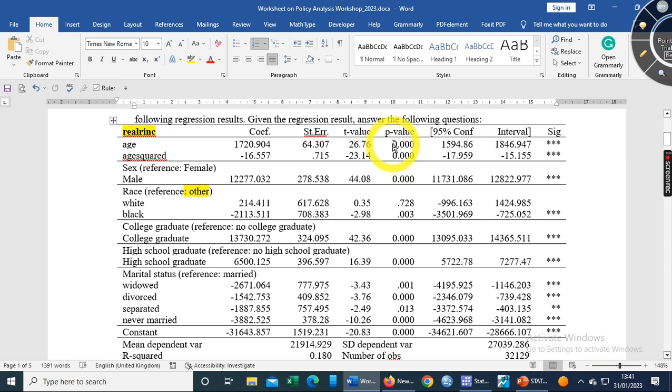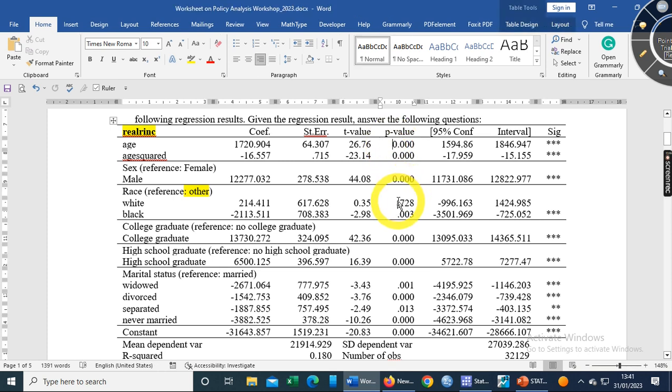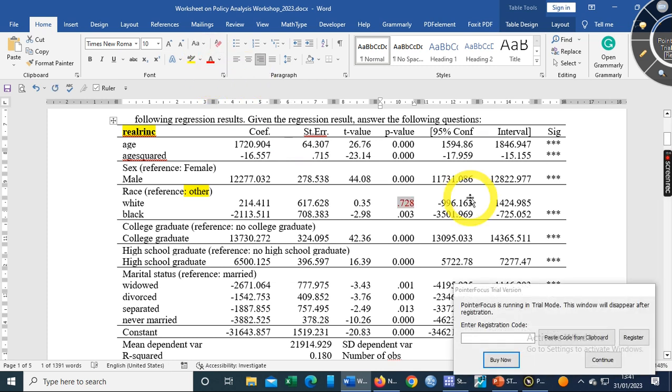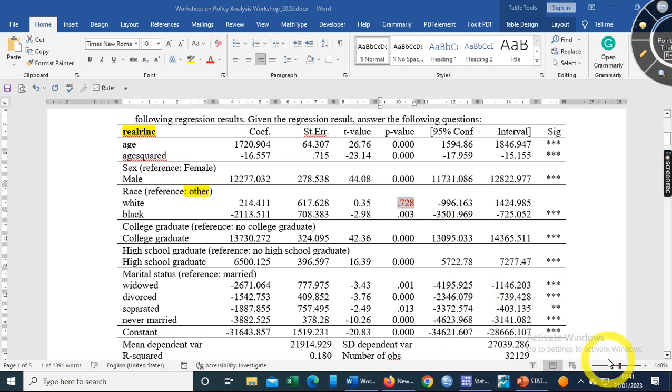As you are seeing from the result, except white, all variables are statistically significant. And we can now interpret the coefficient of each variable in the model.